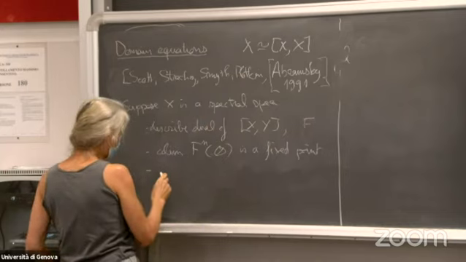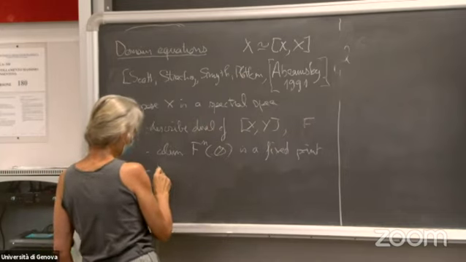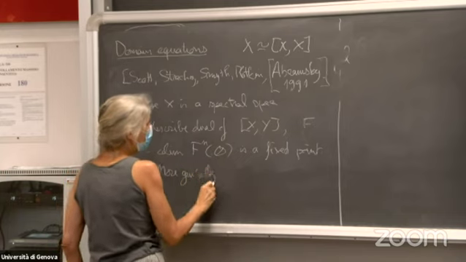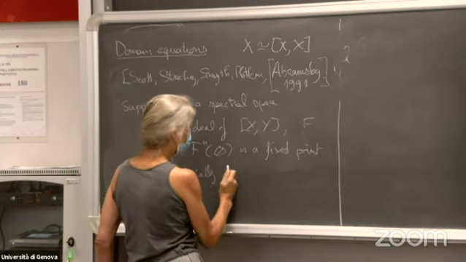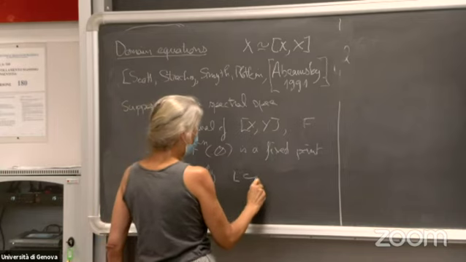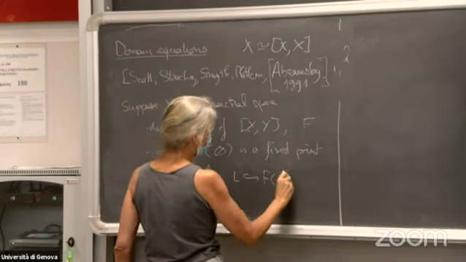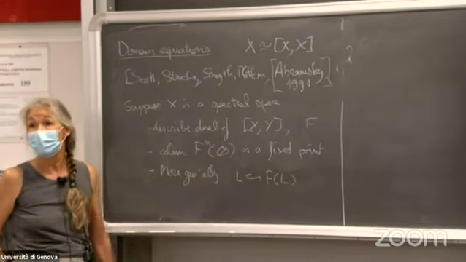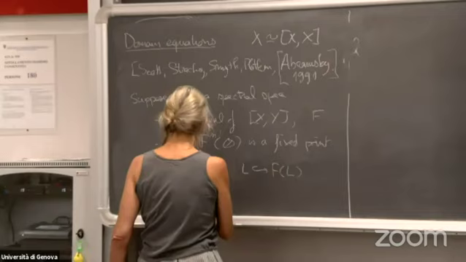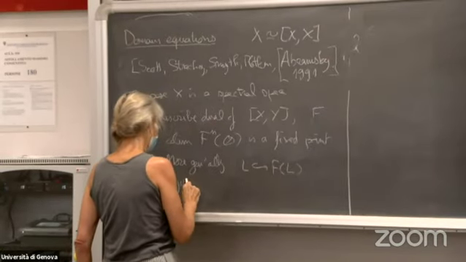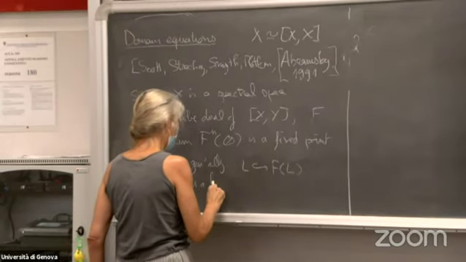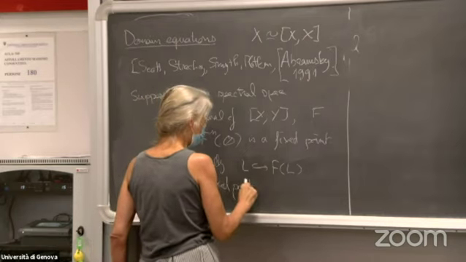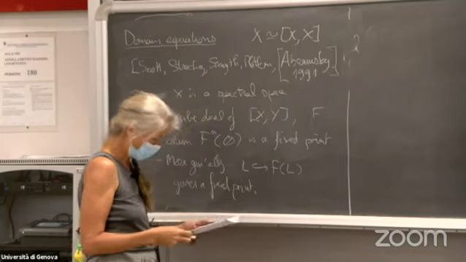So then you might want to start with, more generally, some object, some lattice, which fits inside F of it, right? Then you can iterate and you still get a fixed point. Am I saying some nonsense? Then stop me, but anyway.